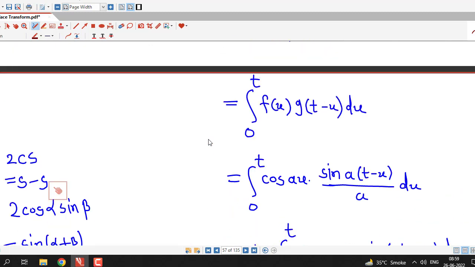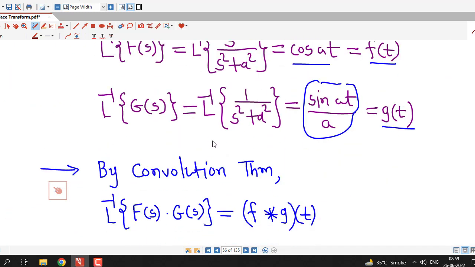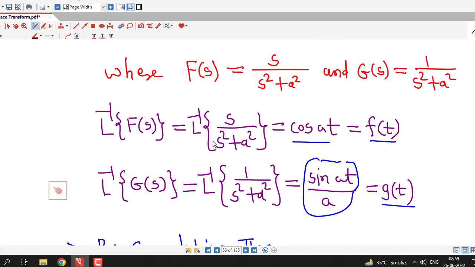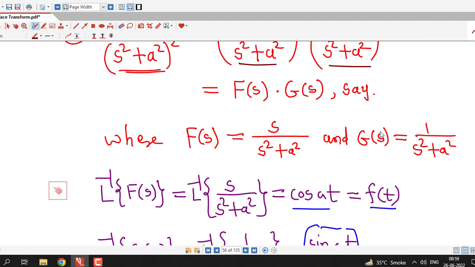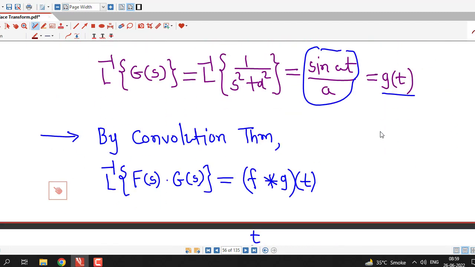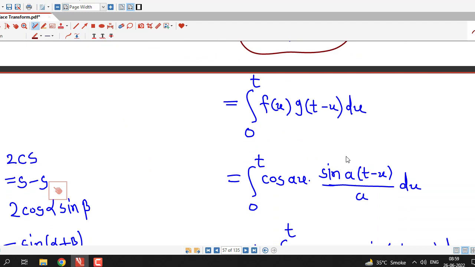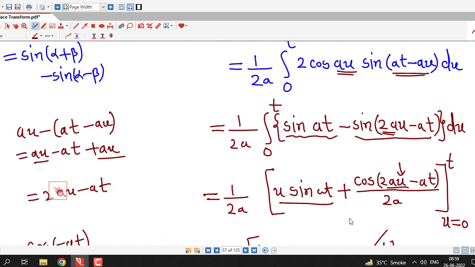So it is very easy to prove this formula. We are just using the convolution theorem by considering the given function as a product of two functions, and then using the convolution theorem we find that the inverse Laplace transform of F into G is nothing but the convolution of f and g, and then after this step it is a problem of integration.